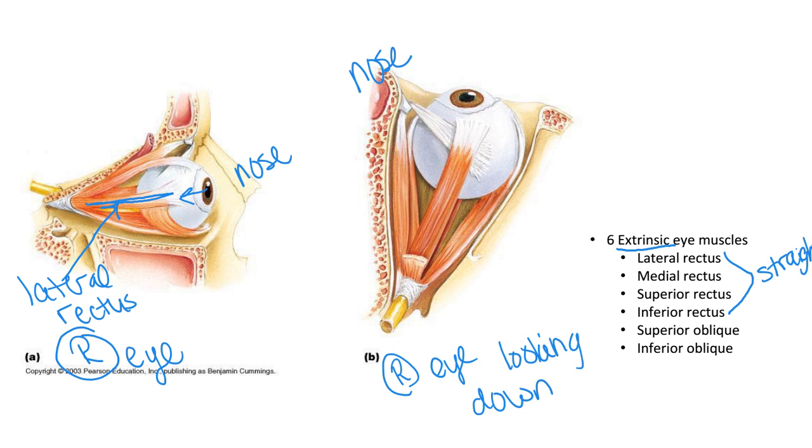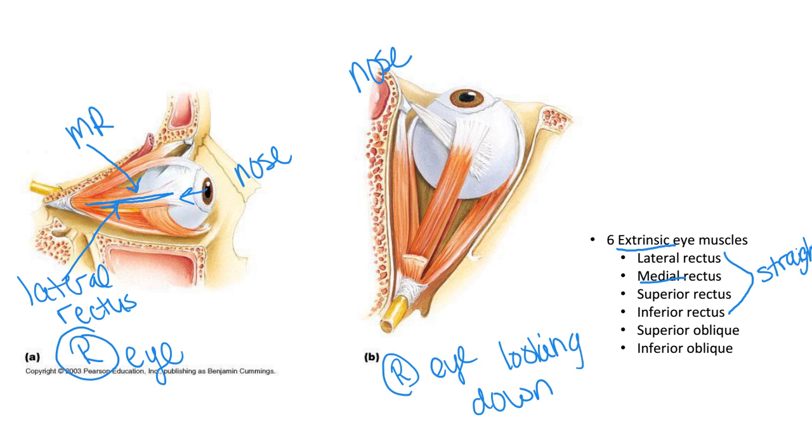So then going through our rectus muscles, if I have a medial rectus, it will pull the eye medially. And we don't say left and right for what direction it will pull it, because my lateral rectus for my right eye will pull my eye to the right, but my lateral rectus for my left eye will pull my eye to the left. So we say it pulls the eye laterally, it pulls medially. So the medial rectus is this one tucked in back here.